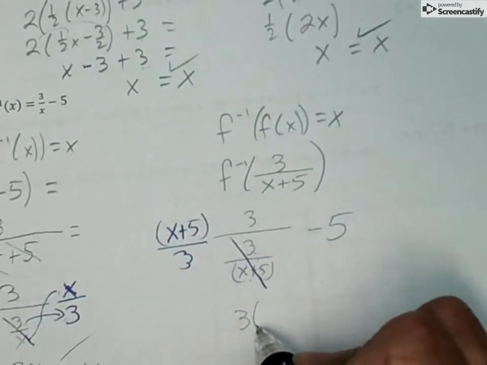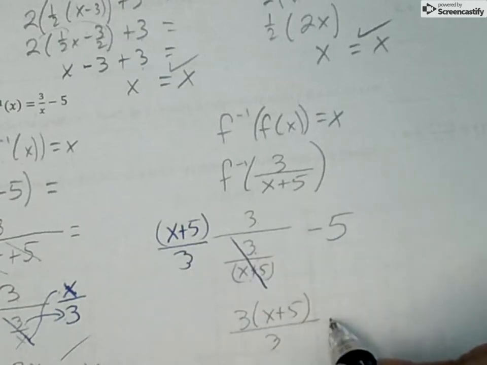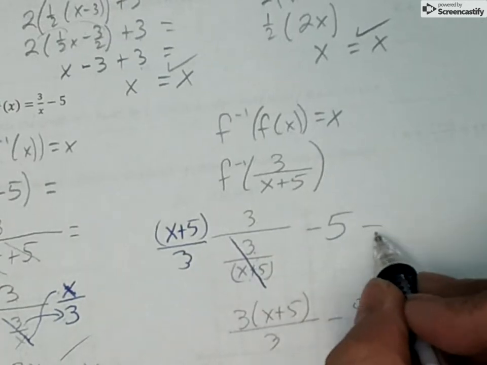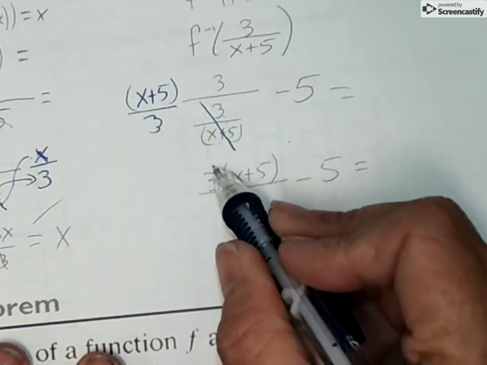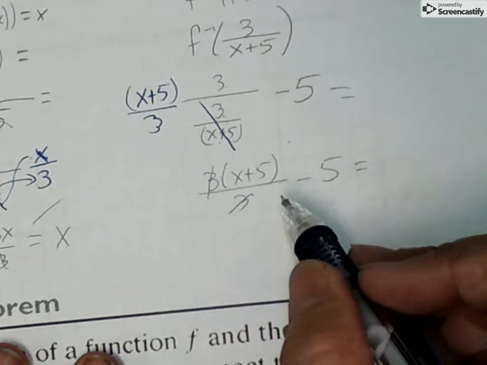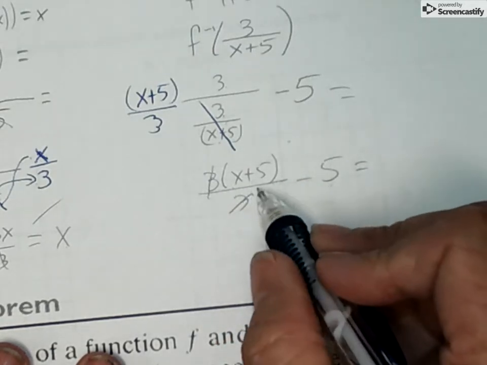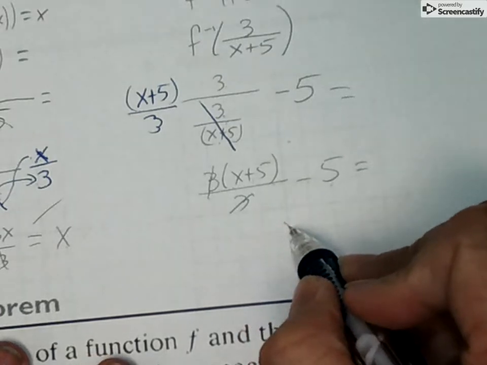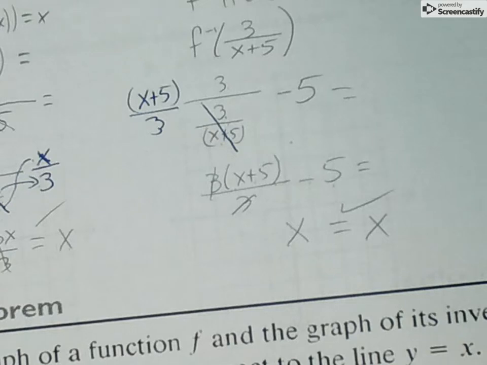We've got 3 times x plus 5 in the numerator over 3 minus 5. So rather than distribute here, let's go ahead and cancel the 3's. Since they're both multiplied, I can cancel them. I'm left with x plus 5 minus 5. Well, plus 5 minus 5 is 0, so x does equal x. Excellent. We are good there.